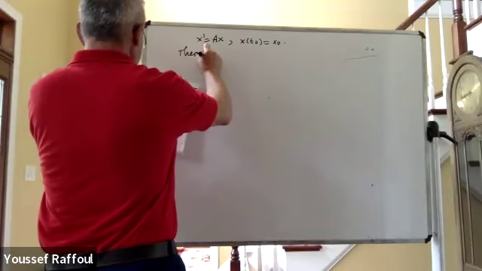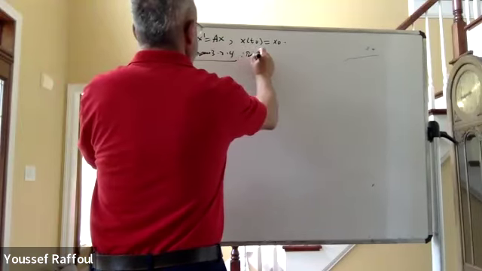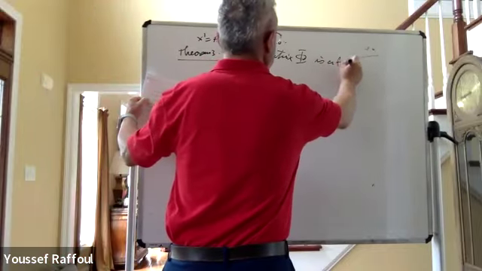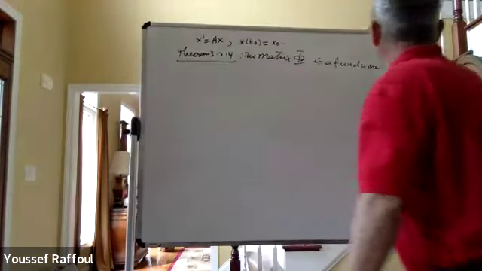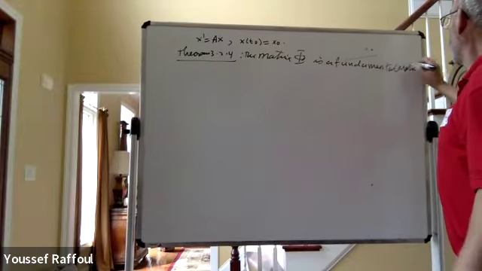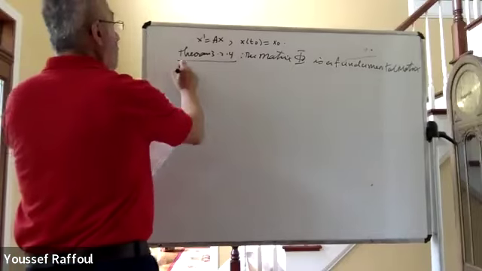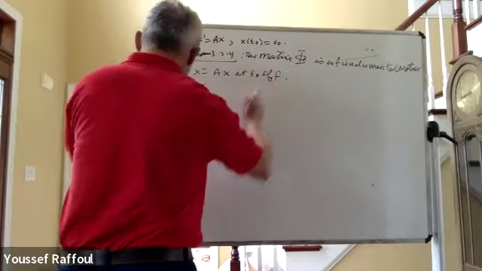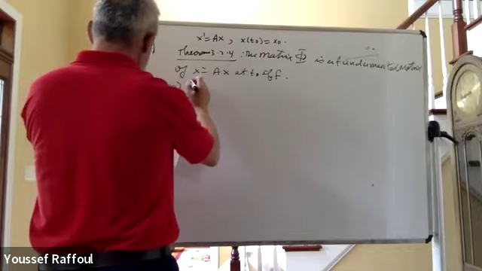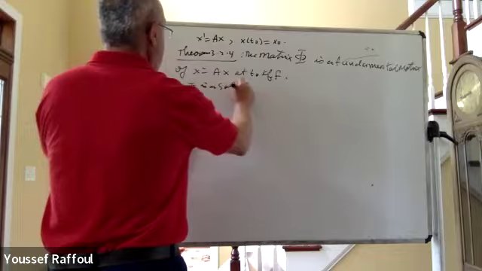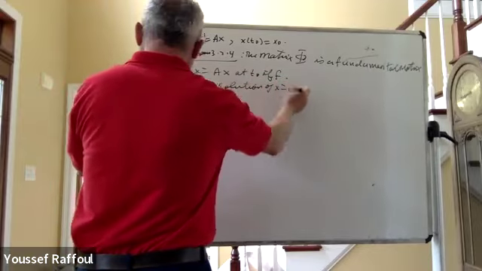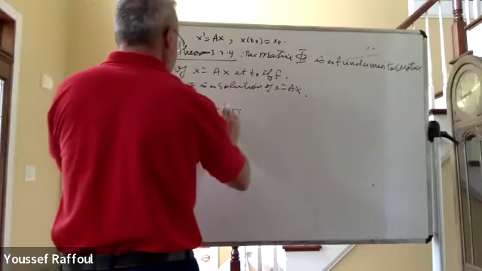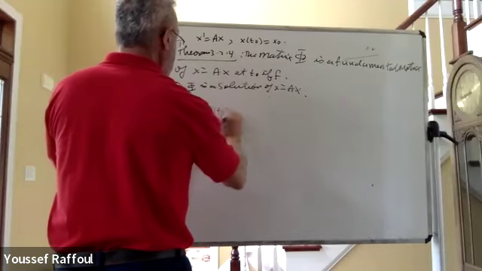So Theorem 3.2.4: the matrix phi is a fundamental matrix of x prime equal A x at t naught if and only if (a) phi is a solution of x prime equal A x, and (b) the determinant of phi at t naught is not zero.